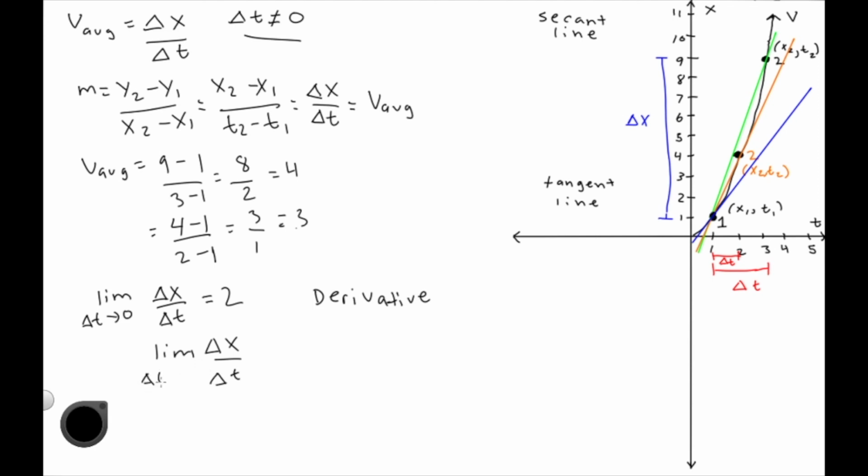Right, so this is our limit, and this limit is going to be the same as our derivative, which we'll call delta x over delta t. And so the d in this case stands for delta. However, d is going to be an infinitesimally small change. So dx over dt is going to be the derivative of x with respect to time, or in other words, our instantaneous velocity.